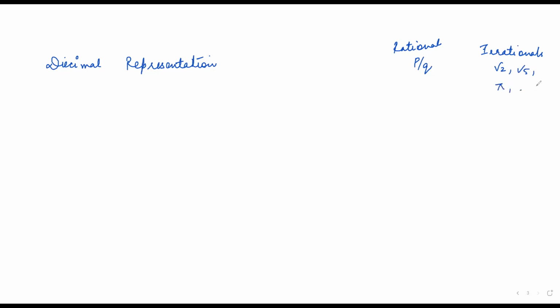If it is of the form P by Q, for example 7 by 5 or 3 by 2, you can convert this into decimal. So how does the decimal representation look for a rational number, and how does it look for an irrational number?